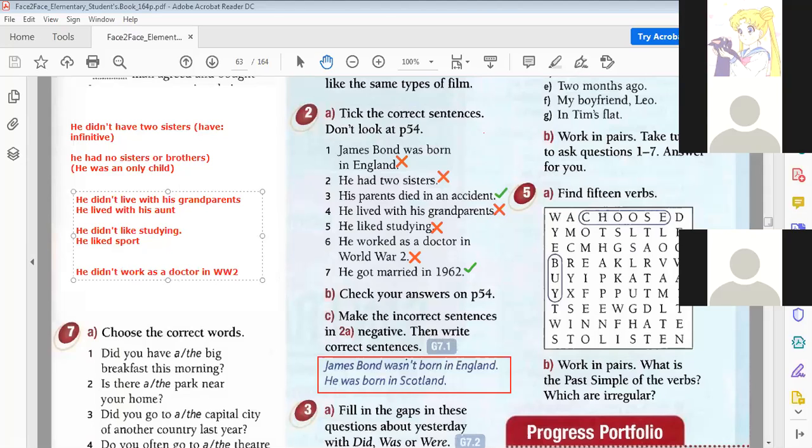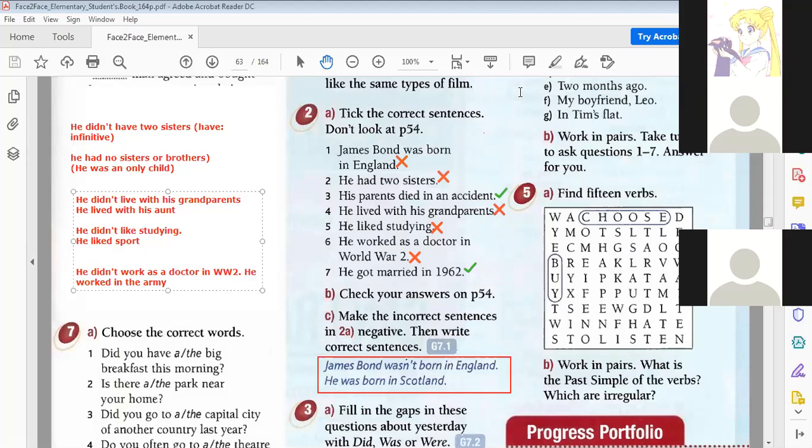What did he do? He worked at the army. Correct. You can say he worked in the army. Or he worked as a secret agent, also correct. He worked as a spy. It's also correct. All right, very nice. So this is just a quick revision of positive and negative of past simple.